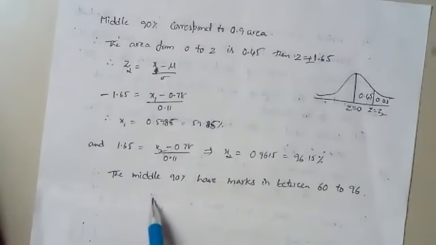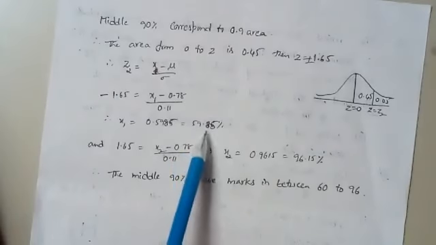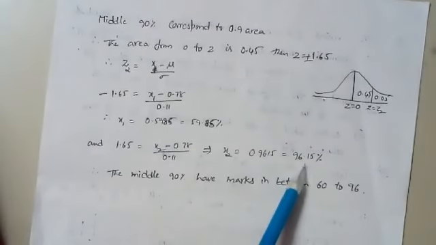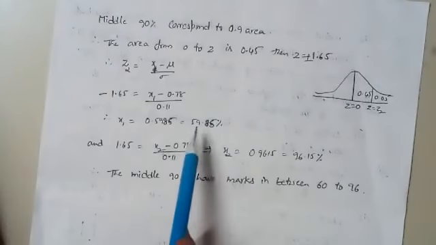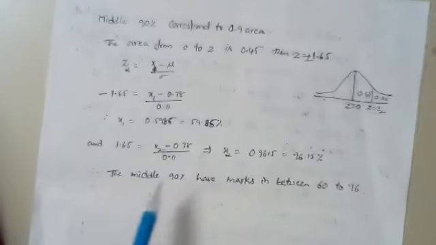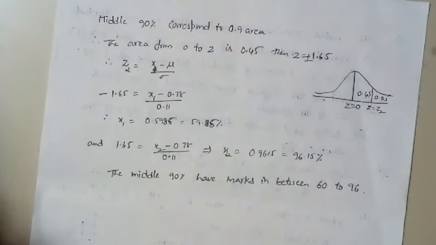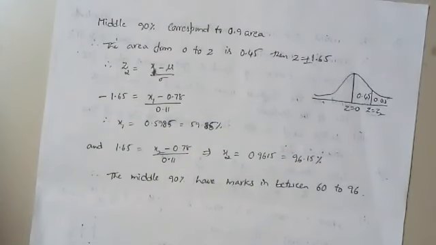That means the middle 90% have marks between 59.85% and 96.15%. You can write simply 60% to 96%. That's all about this probability distribution. In the next video, we continue the fourth unit.